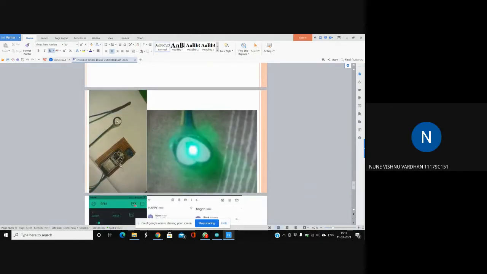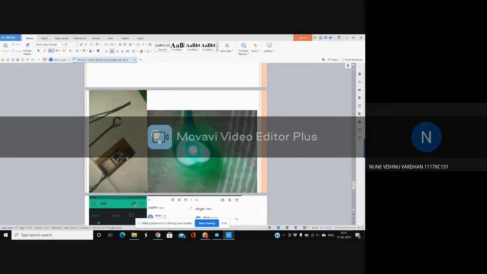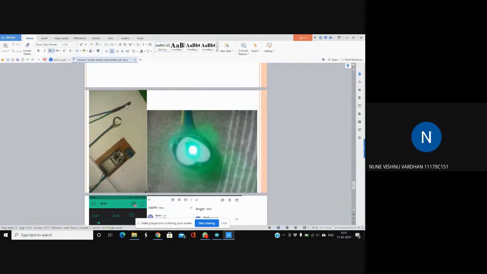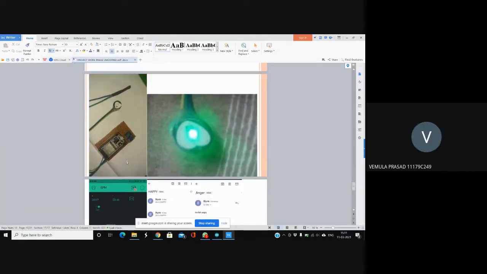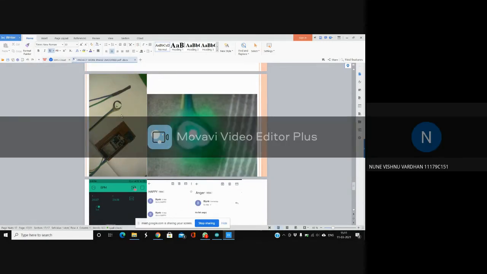Okay, sir. The first screenshot is for the hardware part. Mainly, it consists of the ESP32 board, WROOM-32, and another chip called the accelerometer, and this is the pulse sensor, and the thermistor is used for measuring the temperature, sir. In this hardware we have used three sensors: thermistor, pulse sensor, and accelerometer, and mainly the ESP32 board, a 32-bit microcontroller.